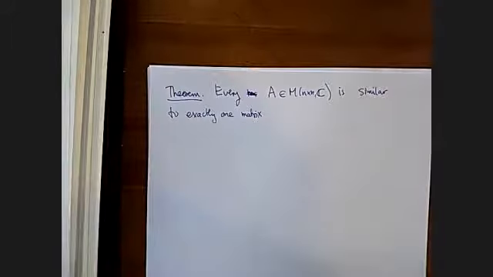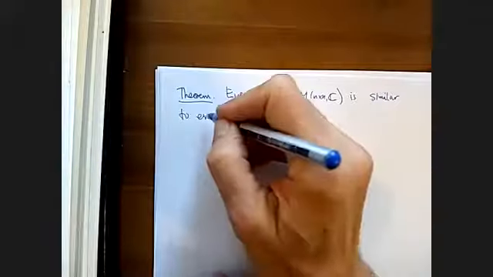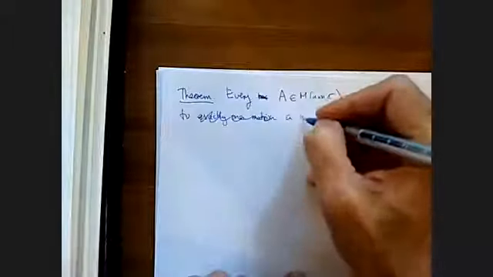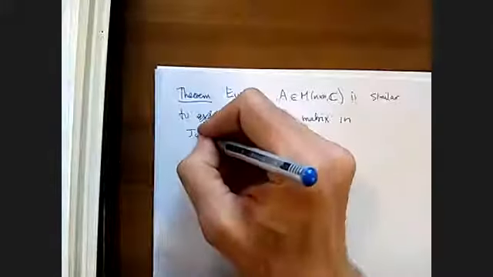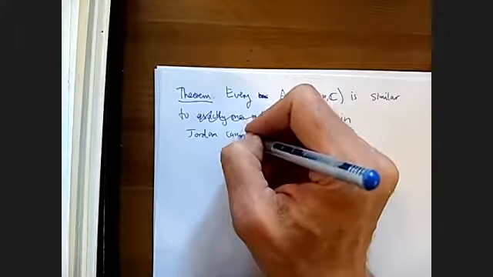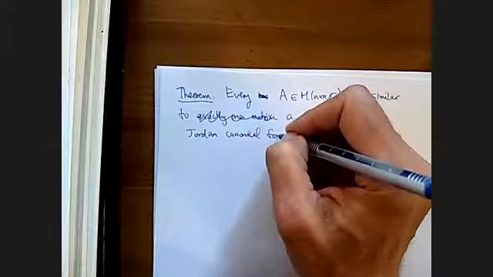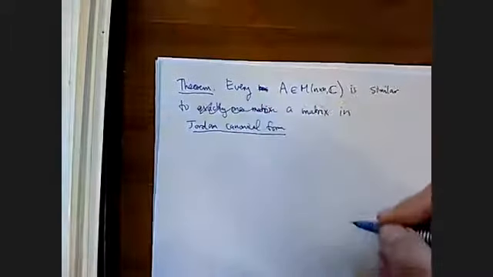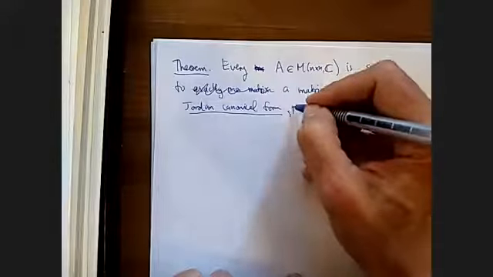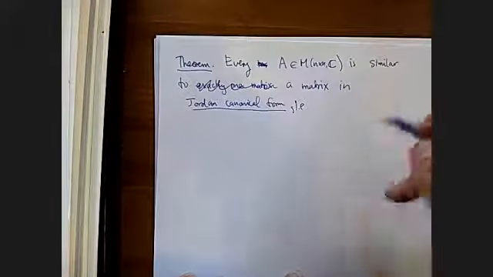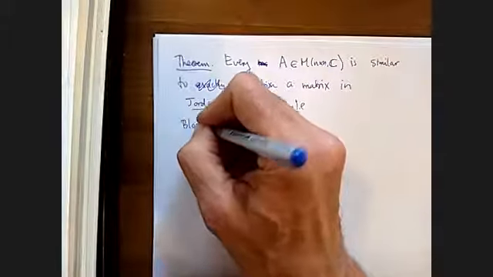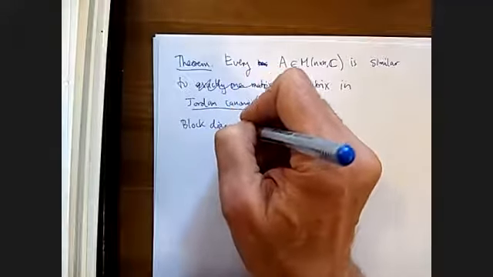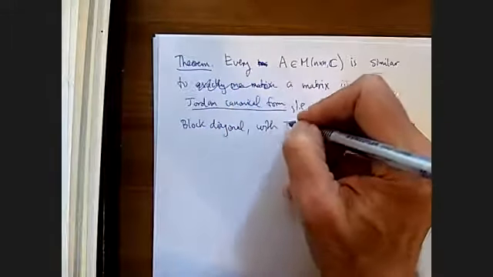Well, maybe first just write: every matrix is similar to a matrix in Jordan canonical form. Which means, i.e., it is block diagonal with Jordan blocks on the diagonal.